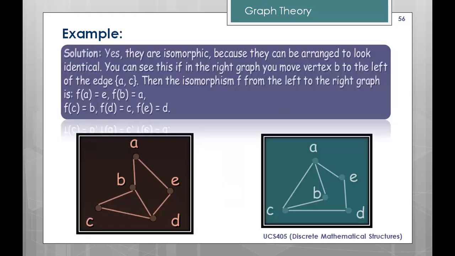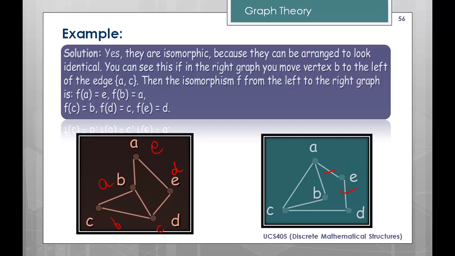See the next example: A, B, C, D, E. F of A is E, F of B is A, F of C is B, F of D is C, and F of E is D. Now here E is connected with A and D. But you can check this mapping condition only after checking the equal number of vertices, equal number of edges, and the same degree of every node in both graphs.